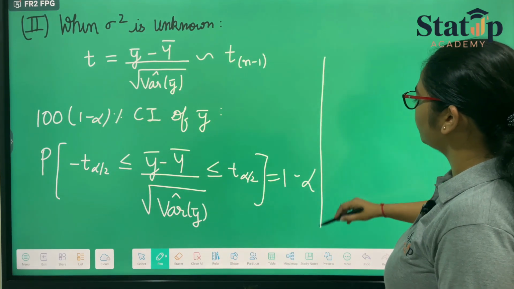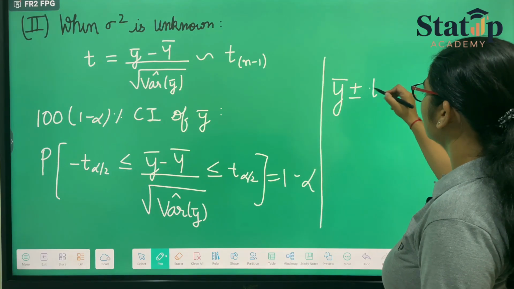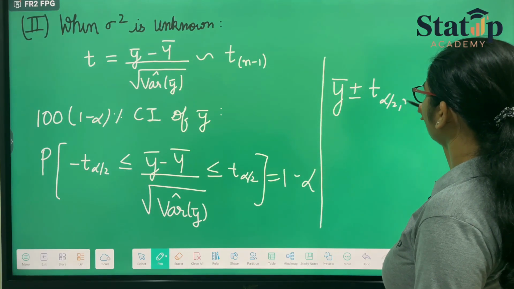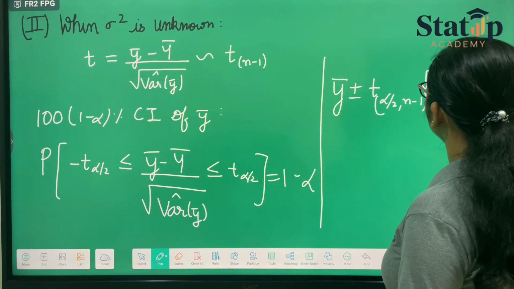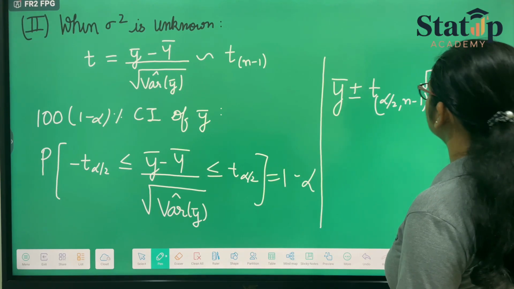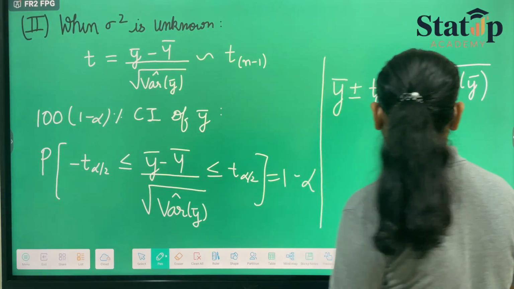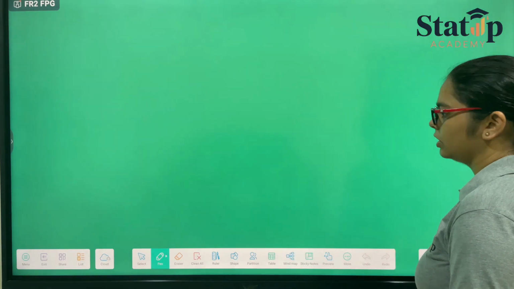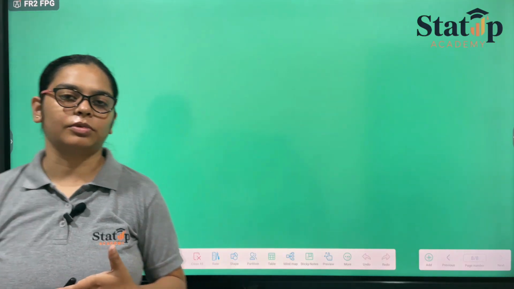So the confidence interval is given by y bar plus minus t alpha by 2, n minus 1, under root of variance of y bar. This is the confidence interval when sigma square is unknown. This completes your topic, simple random sampling with replacement and simple random sampling without replacement.